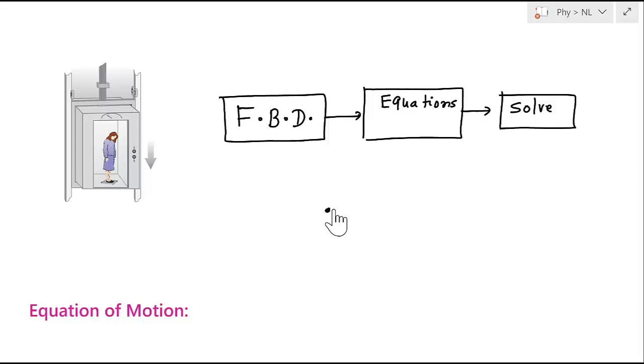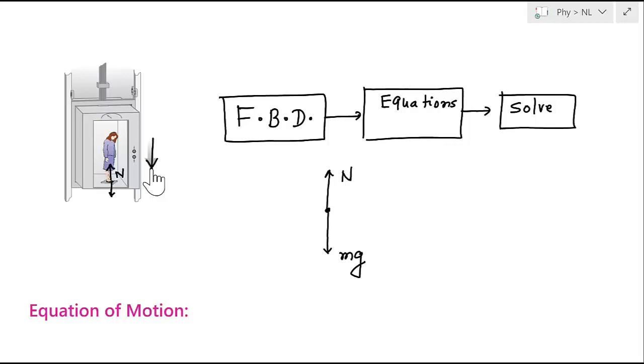If I consider the woman, I can show her as a point mass. There is a force acting on her in the upward direction, and this force is nothing but the normal reaction. With the same amount of force, she is trying to push the ground, or in this case the weighing scale. So the force acting in the vertical direction is the normal reaction. Her weight is also acting, in the downward direction, and the magnitude is mg. Now the tricky part about the acceleration. This elevator is going in the downward direction with decreasing speed.